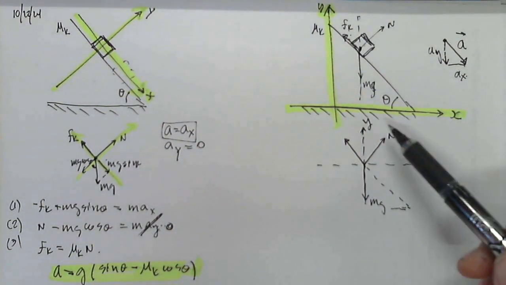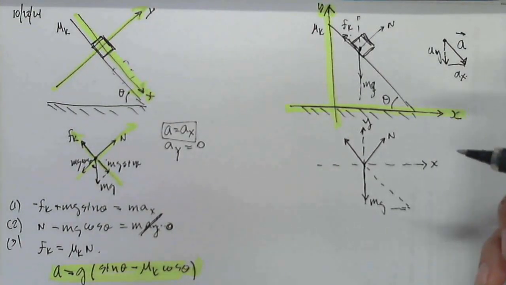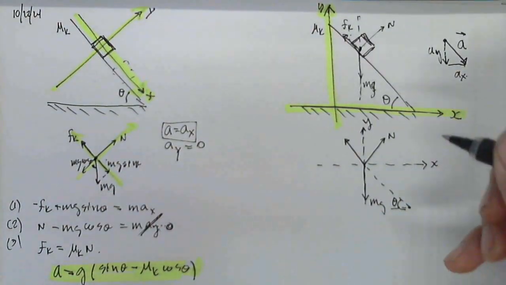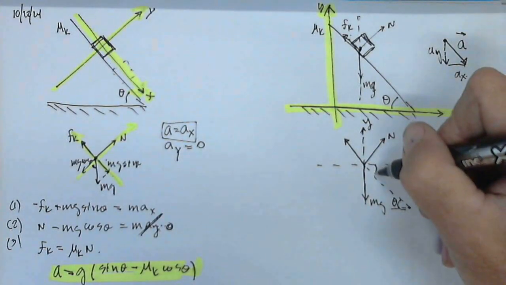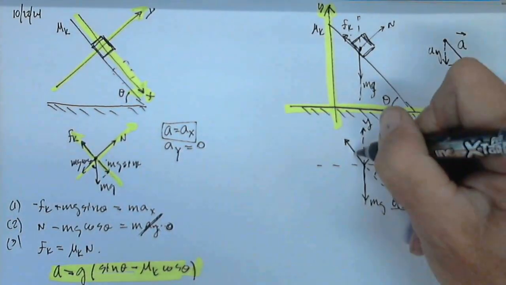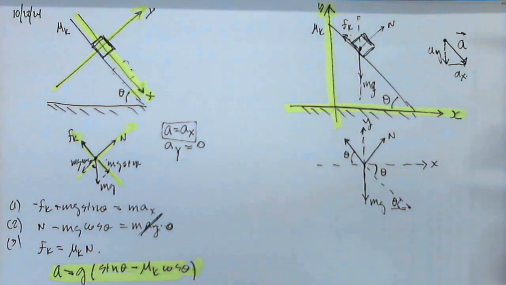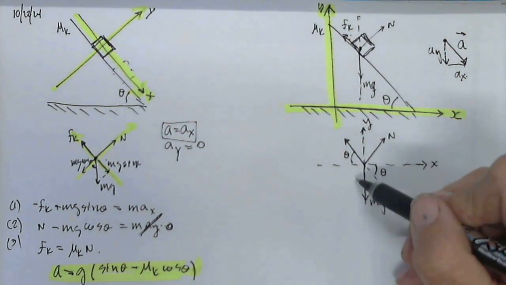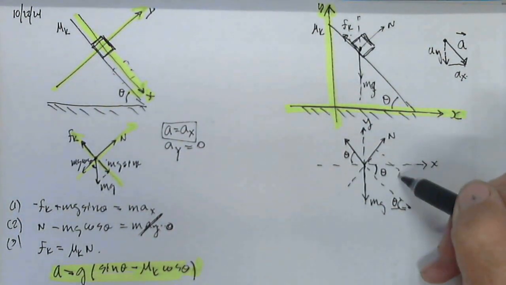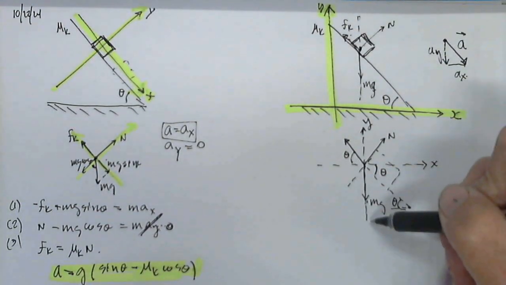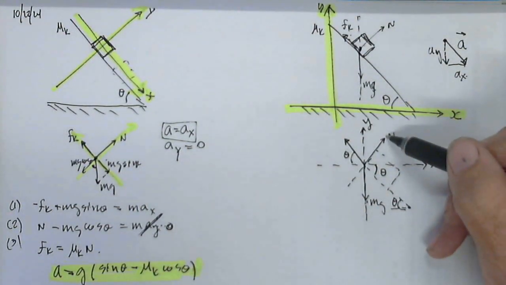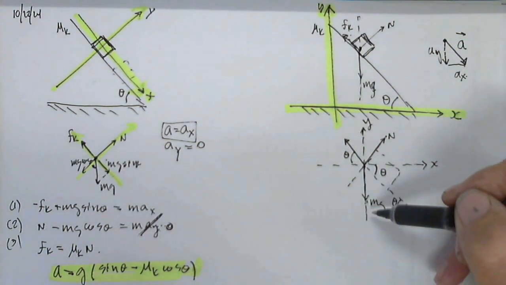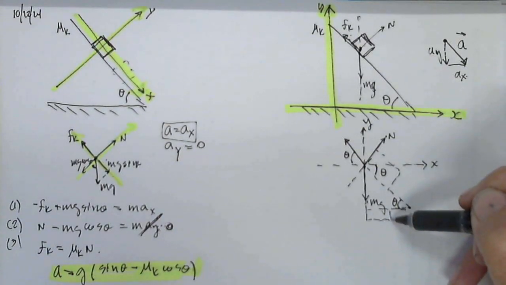So I draw over here the axis again, and now you have to be careful because if this is the angle of the ramp, then this is the angle of the ramp, then this is the angle of the ramp, but this one here is also the angle of the ramp, because these two are 90 degrees, and this side is at 90 degrees, and this side is also at 90 degrees over here.